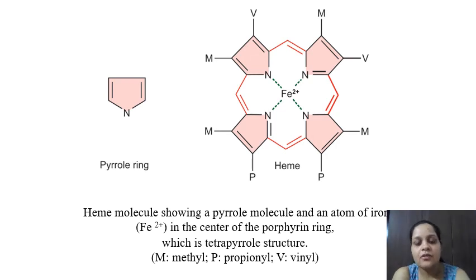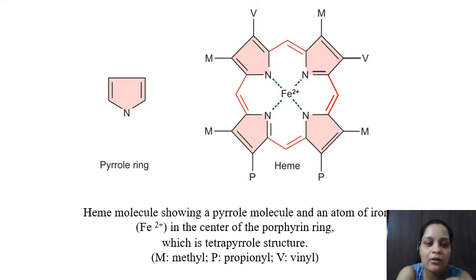This is the structure of the heme molecule. After discussing the globin chain, comes the prosthetic group, that is the heme group. The heme molecule is a tetrapyrrole molecule. Chemically, it is protoporphyrin type 3 with the ferrous iron in the center, which is bound by covalent linkages with the four nitrogens of the pyrrole rings.